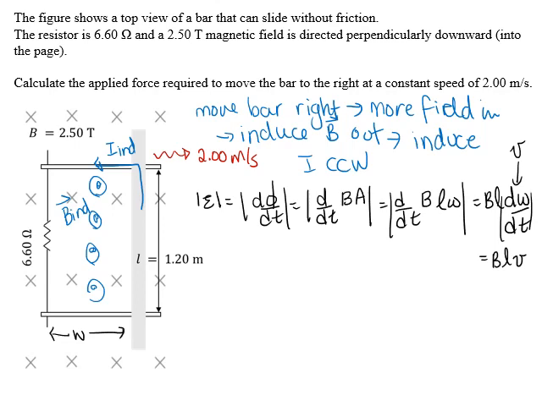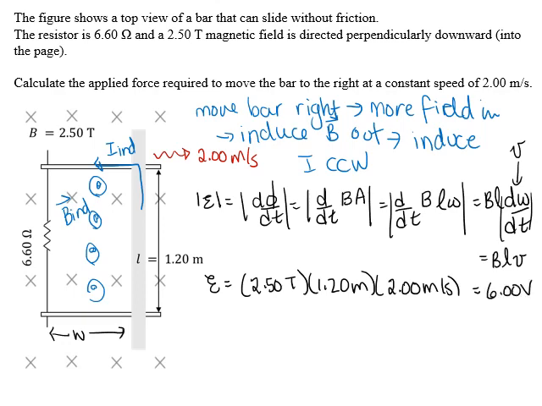Okay, let's put in our numbers and calculate our induced potential. So our induced potential is the size of the magnetic field, 2.5 teslas, times the length of the bar that's moving in the field, 1.2 meters, times the velocity with which it moves, a speed of 2 meters per second. So our induced potential is 6 volts.